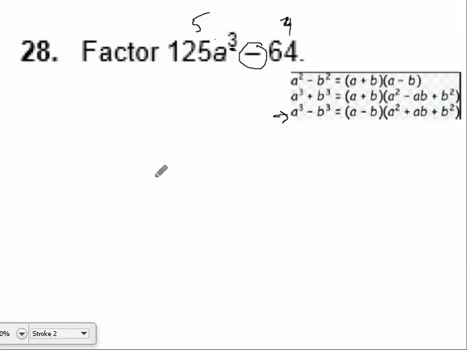Four. Good. Okay. So that means that A is a 5 and B is a 4. I'm sorry, this value here is a 5 and this one over here is a 4.